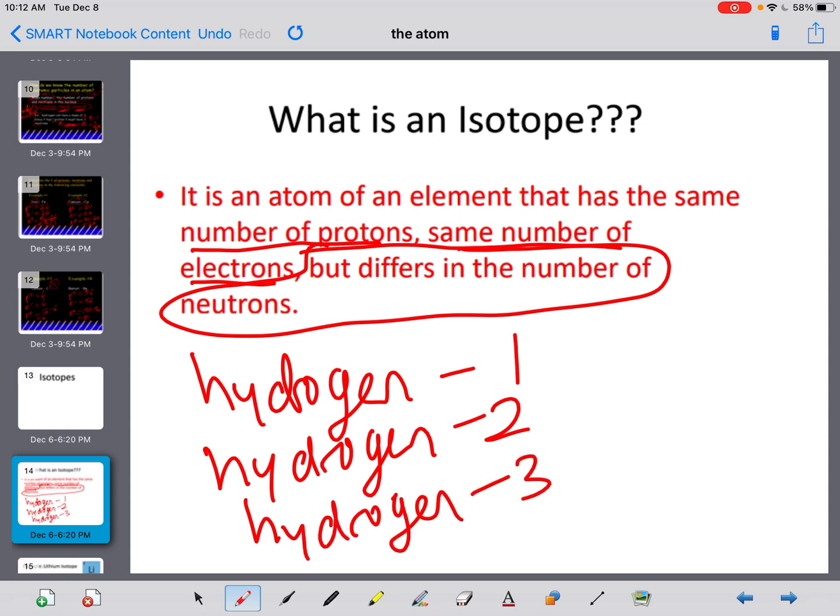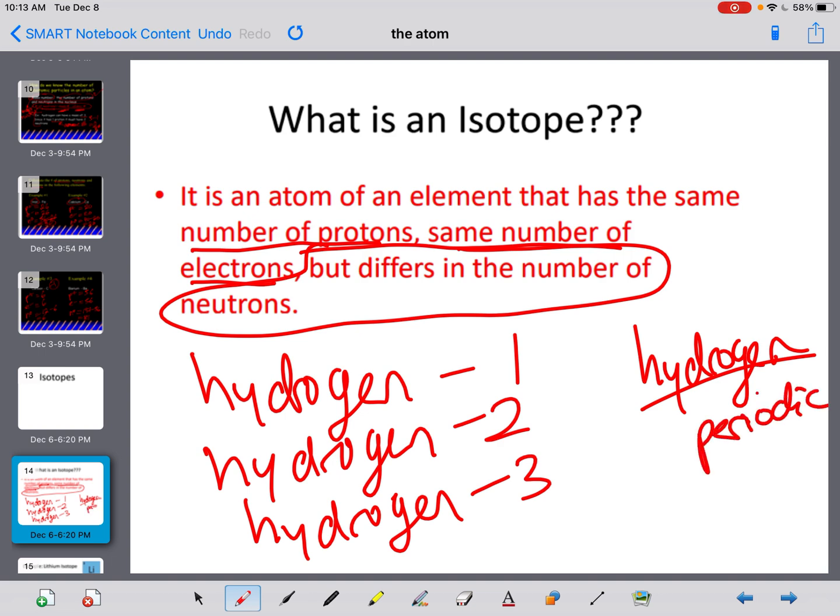Now, the way I wrote this is very different than just writing hydrogen. If it just said, what are the P-E-N numbers for hydrogen, you're going to take the number from the periodic table and average it out, which is what we just finished doing on the last couple of slides. But if you see it written this way with a hyphen and a number, that means you are talking about a specific atom that has that mass number.